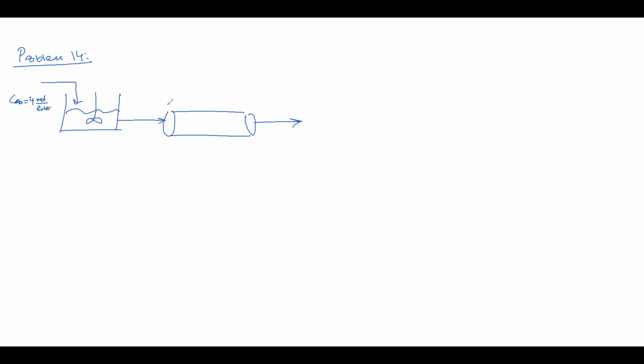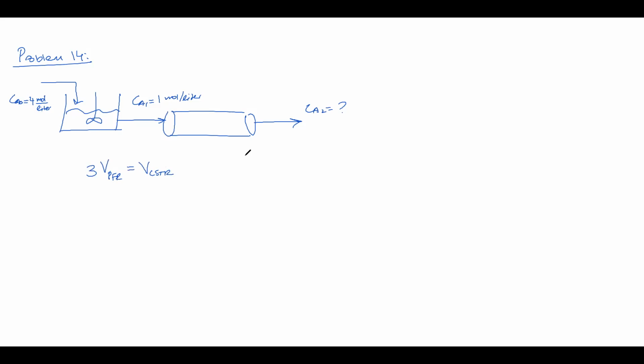And I need to find, so let's say this, you're given that Ca1 is 1 mole per liter, and we need to find Ca2 is equal to what? You're being told that the reaction is second order with respect to A, and the volume of the plug flow unit is 3 times that of the mixed flow unit. So the volume of the PFR is 3 times the volume of the CSTR.